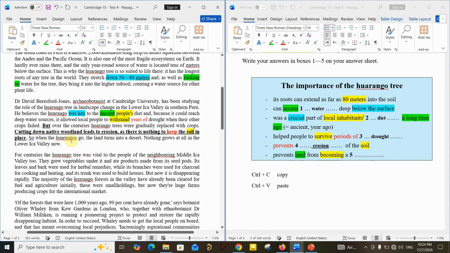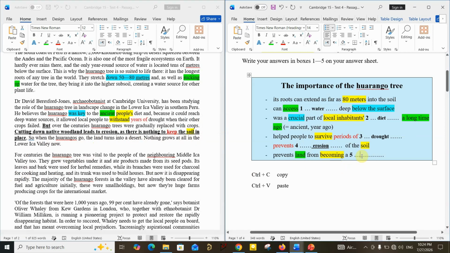So when the Horangos go, the land turns into a desert. This is your answer. The land turns into a desert. Nothing grows at all. So it prevents land from becoming a desert. This is your answer for question number 5, desert.